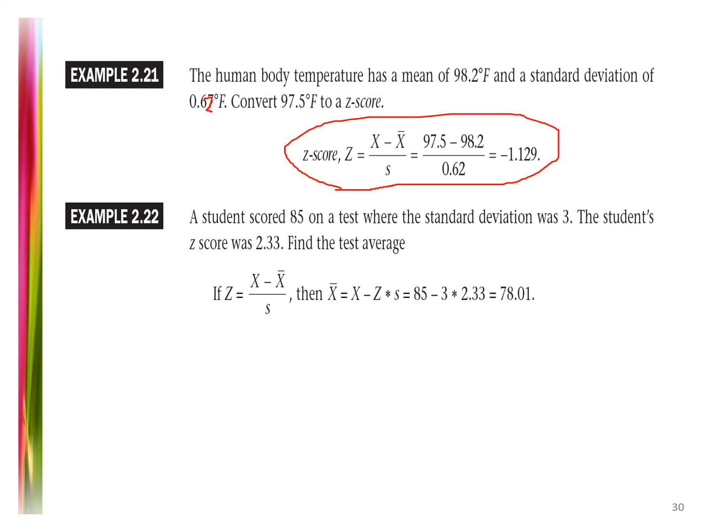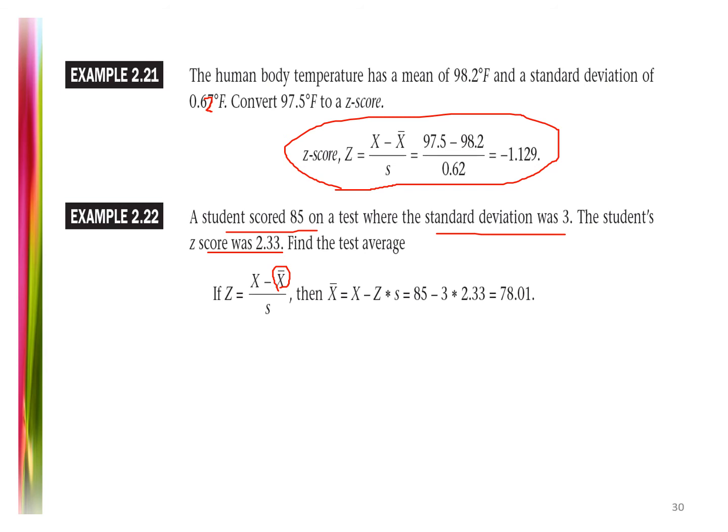And conversely, you can apply this equation. Suppose you know the Z-score value, you can identify the other terms. A student scores 85 on a test, where the standard deviation is 3. The student's score is 85 and the Z-score is 2.33. Find the test average. In this case, we have to calculate the x bar value.